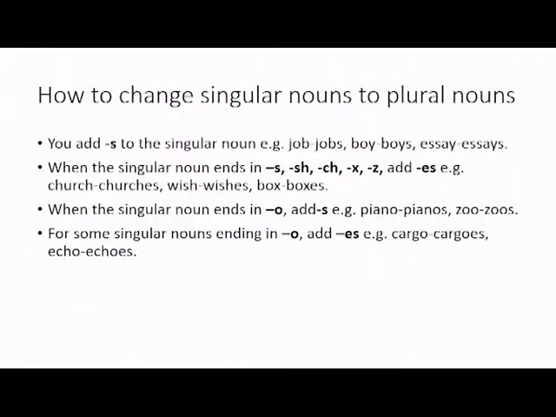For instance, church becomes churches, wish, wishes, box, boxes. And when the singular noun ends with the letter O, you add s. For instance, piano becomes pianos, zoo, zoos. But for some singular nouns ending with O, you add es. For instance, cargo becomes cargoes, echo becomes echoes.